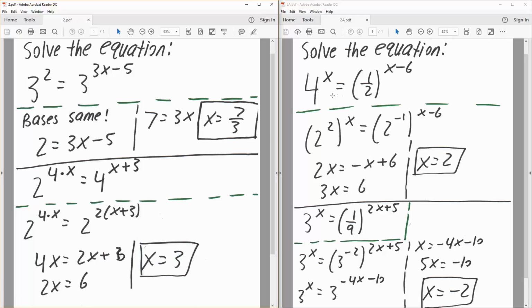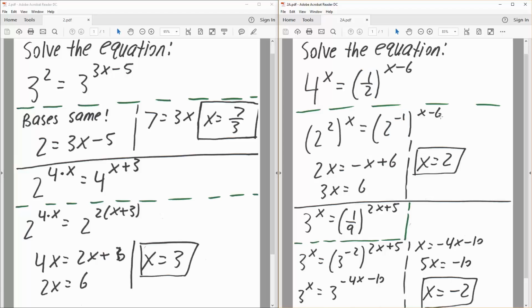Next one, 4 raised to x is equal to, parentheses, 1/2 raised to x minus 6. And so instead of saying 4, we could say 2 squared. 2 squared is equivalent to 4. And instead of saying 1 over 2, we could say 2 raised to negative 1. This is equivalent to 1/2 raised to x minus 6.